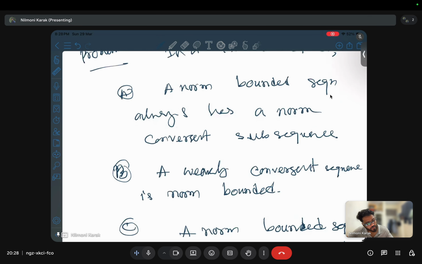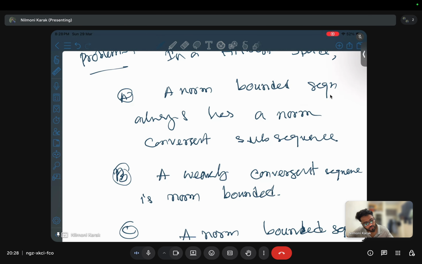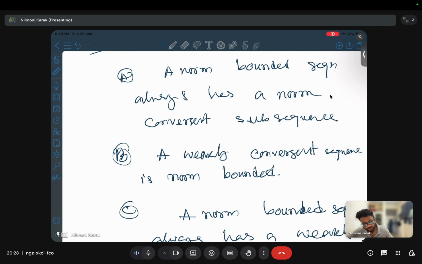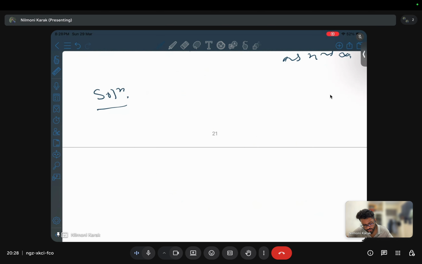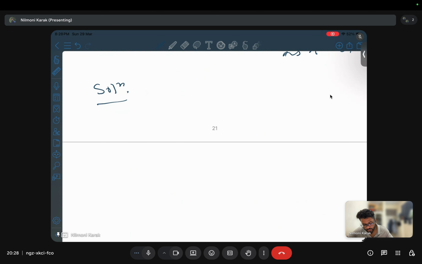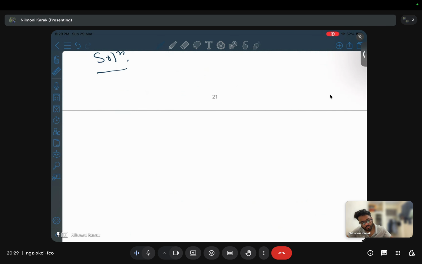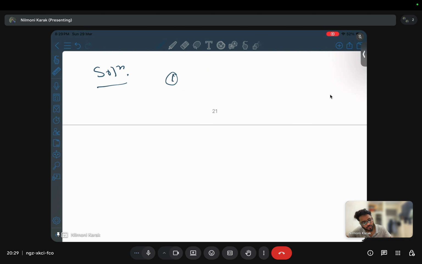First is saying that a norm-bounded sequence always has a norm-convergent subsequence. This is false in general.